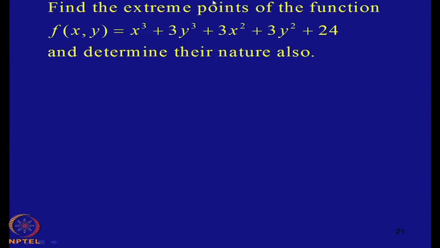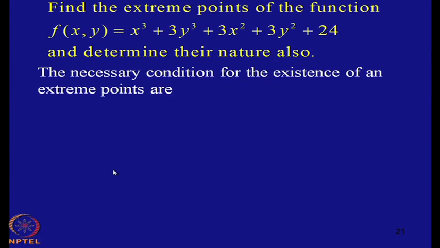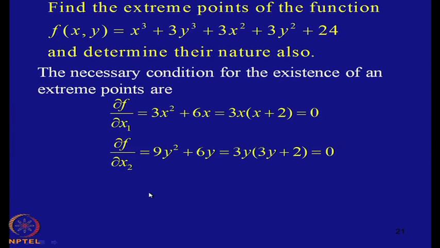Let us take an example where the function involves two variables x and y, and this is the expression: x cube plus 3 y cube plus 3 x square plus 3 y square plus 24, and we want to have the extreme points first. For checking the extreme points, as we know, the necessary condition offers us the possible extreme points.